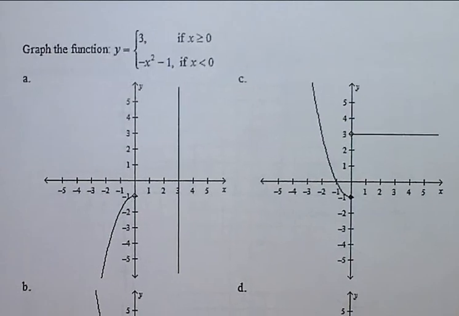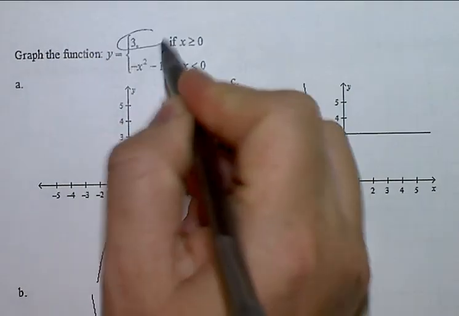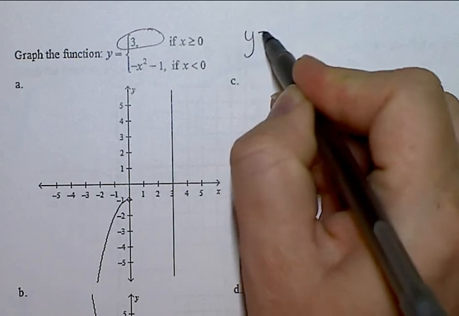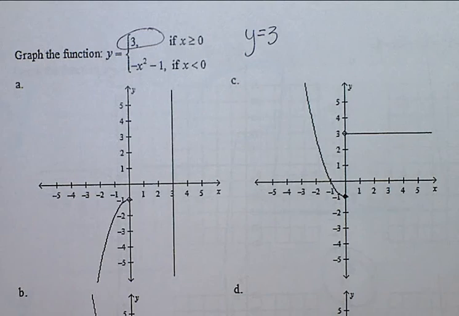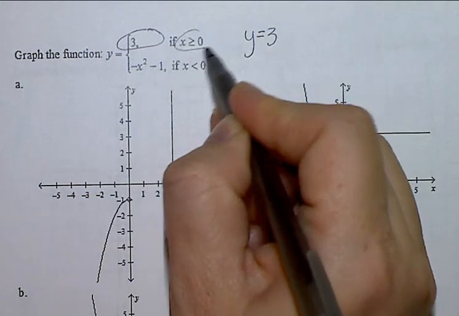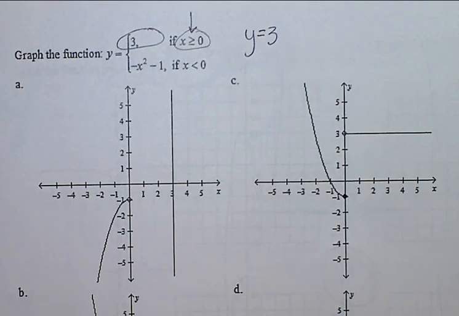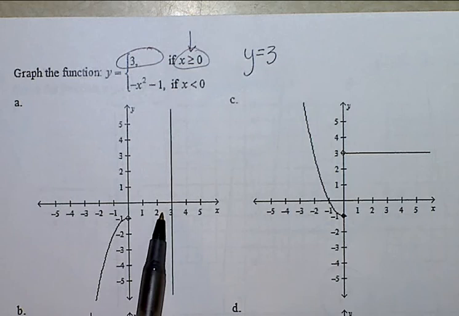We're going to use process of elimination once again. Let's start with the top one. I'm looking for a graph that has the line y equals 3. That's a horizontal line. That horizontal line will only occur when x is greater than or equal to 0. Do we have a horizontal line at y equals 3? No, they're trying to trick you.